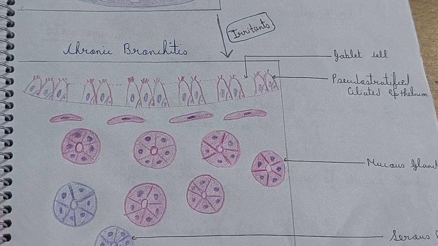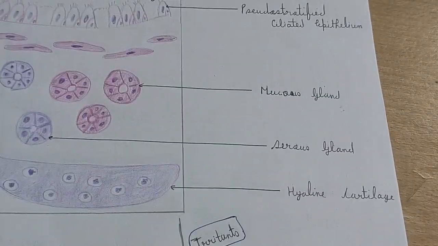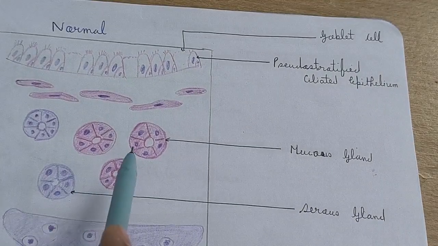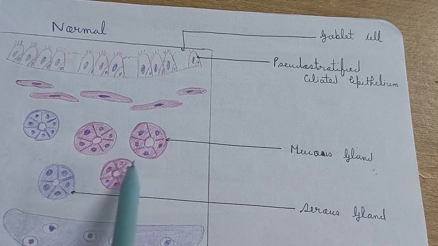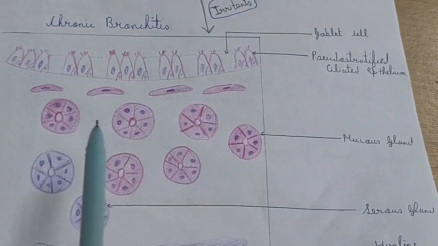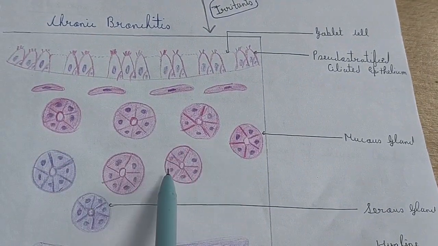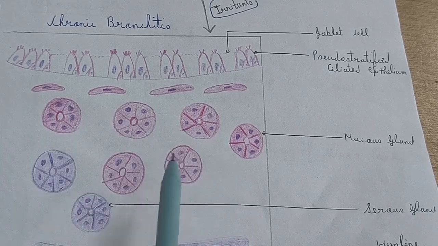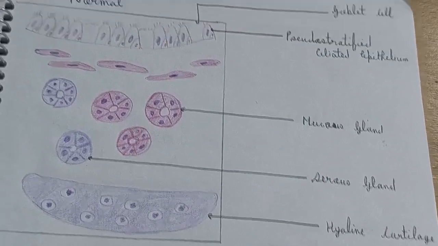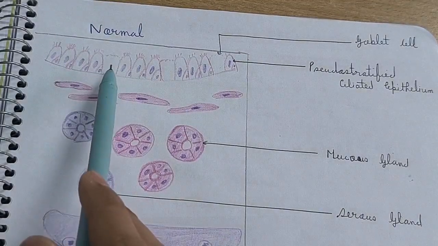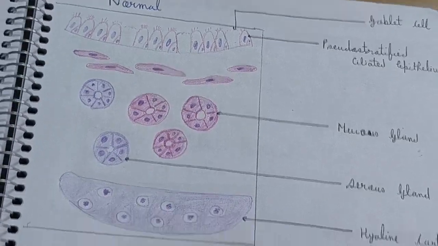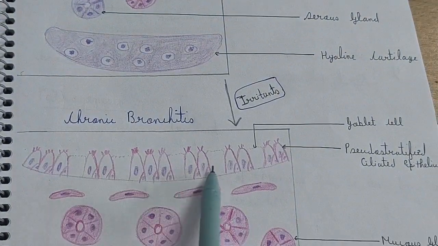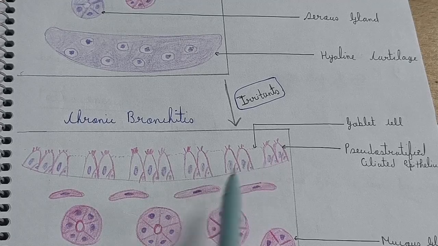The first thing you can notice, as we compare to the normal histophysiological structure of the trachea and principal bronchi, is that the number of mucus glands has increased. Also, earlier the number of goblet cells was only 2 or 3, but now the number of goblet cells has also increased in chronic bronchitis.